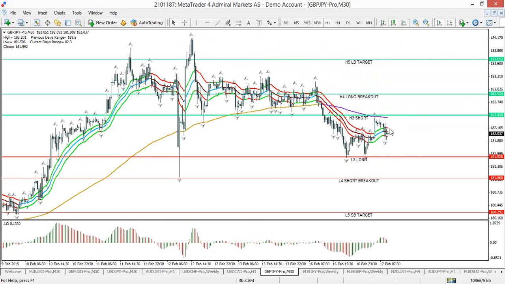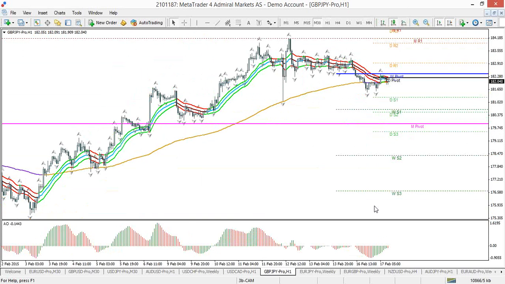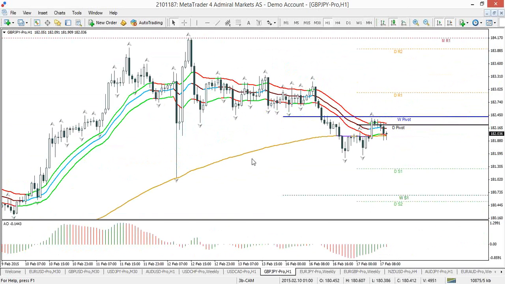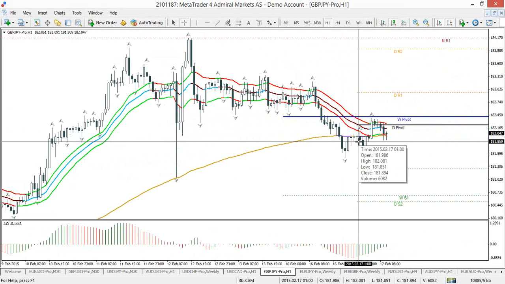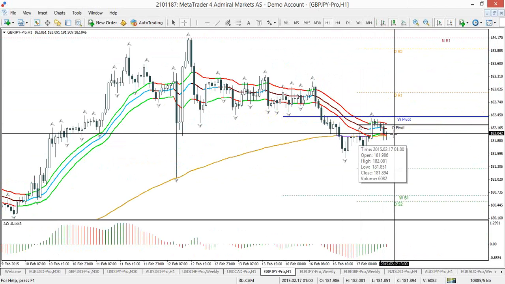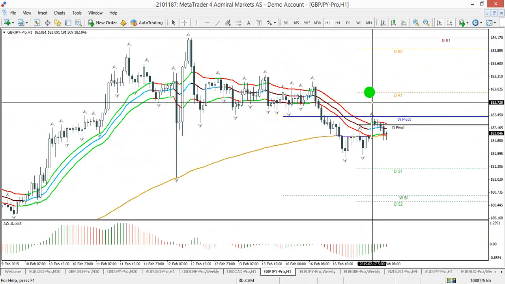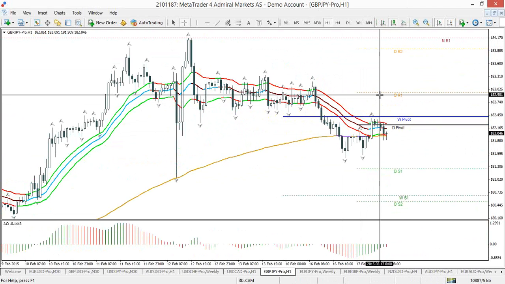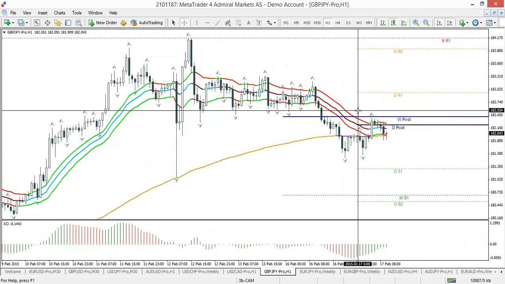So the breakout in this case would be when price is able to push through the weekly and daily pivot points. We see a confluence of weekly and daily pivot points here at around 182.40, 182.25. And a breakout would be, in my opinion, either, actually, we already had a pretty good candle here pushing through the daily but not the weekly as yet, so that was probably an early attempt of the pound yen to push up.